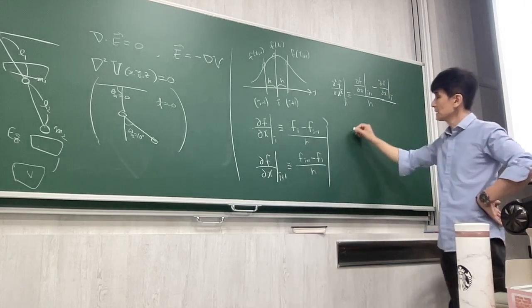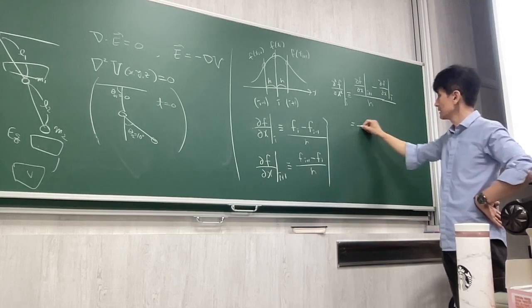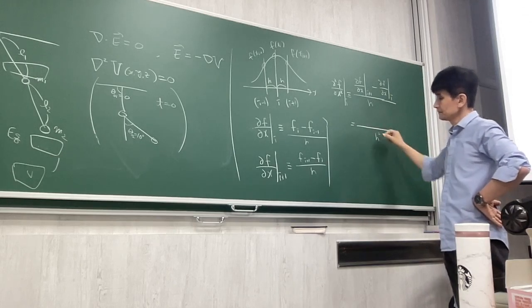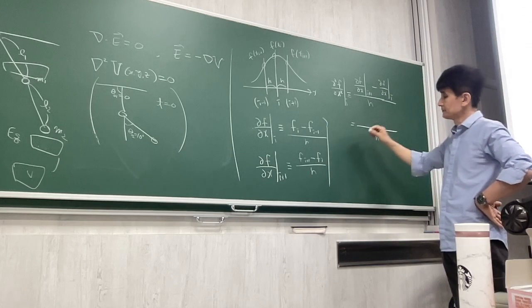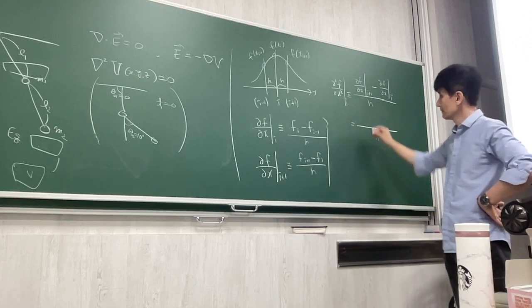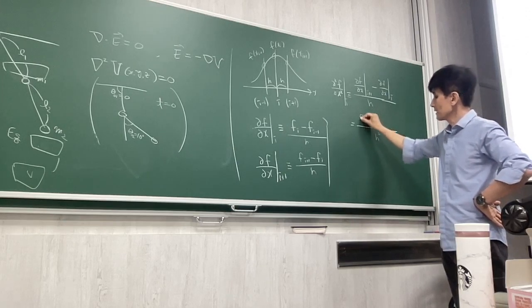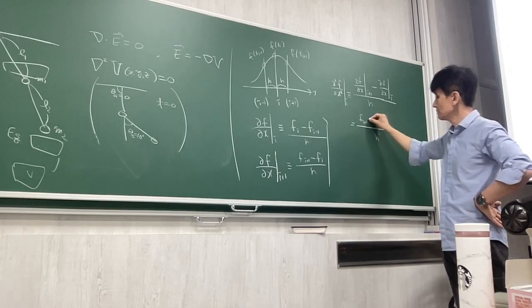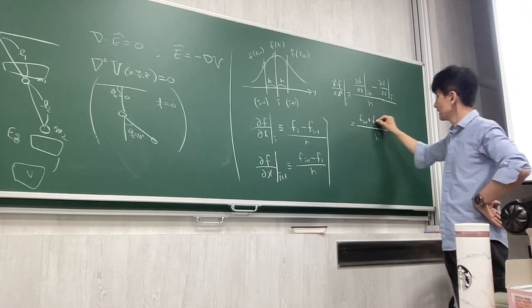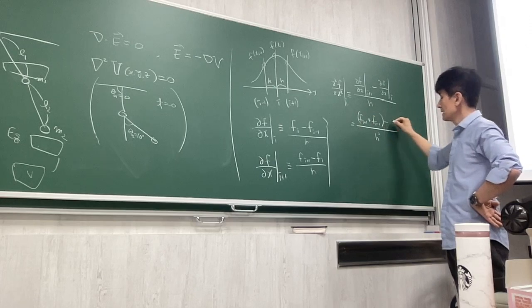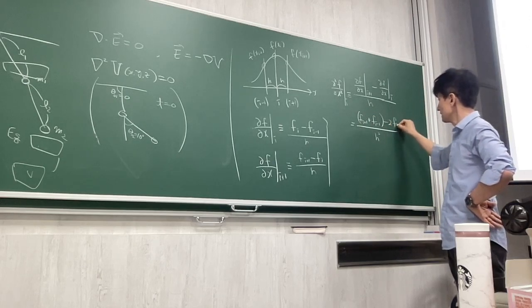Right. So by applying these two, we have the h square, so this is f_(i+1) plus f_(i-1) minus 2 times f_i. Right?